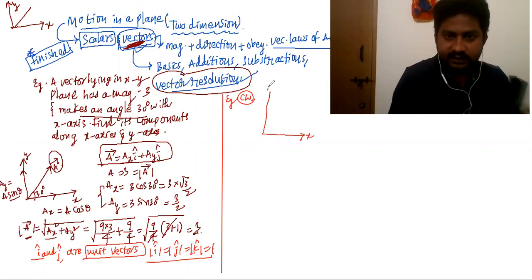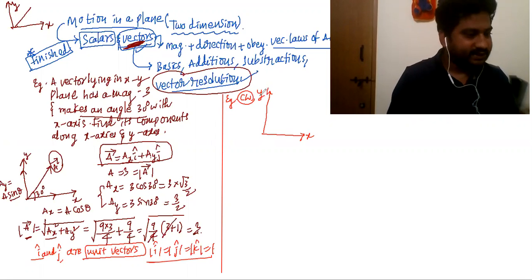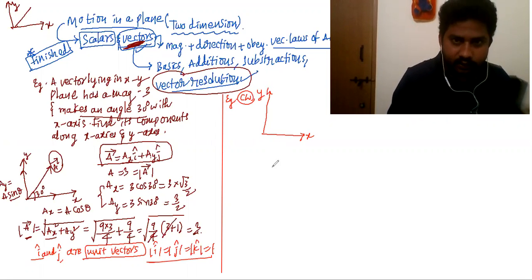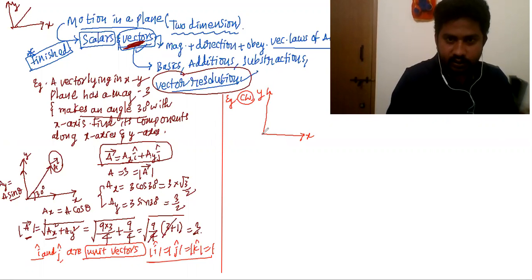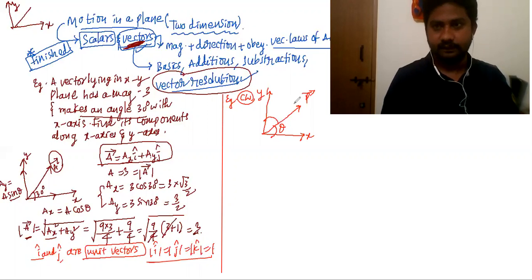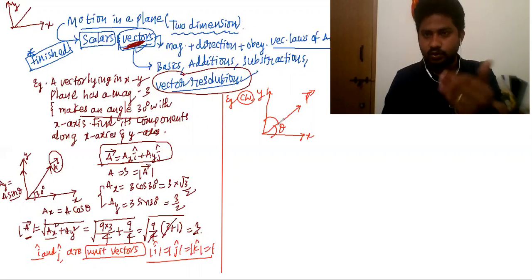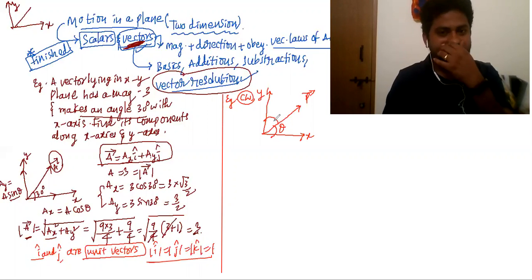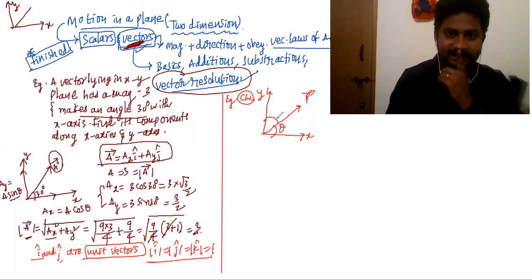This is the x-axis and y-axis, this is the xy plane. There is a vector called p bar, and this p bar makes an angle theta with the x-axis. Then the other angle will be 90 minus theta. You should understand that if one is theta, the other angle will be 90 minus theta.